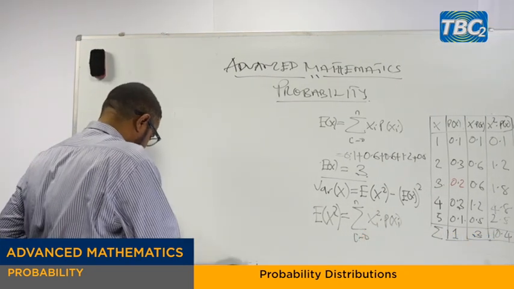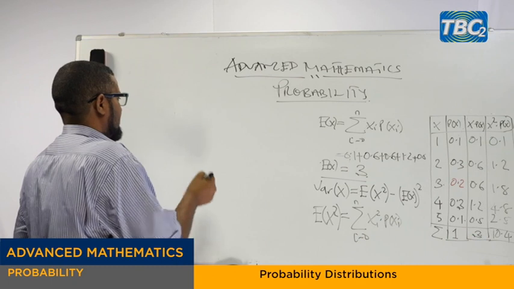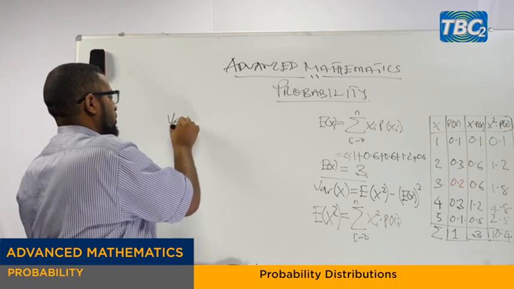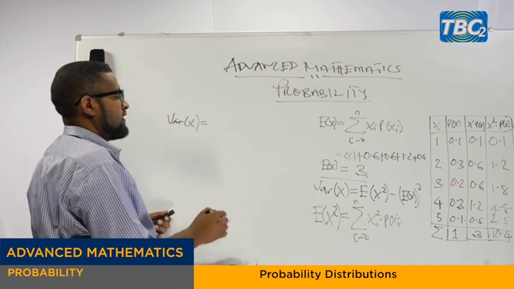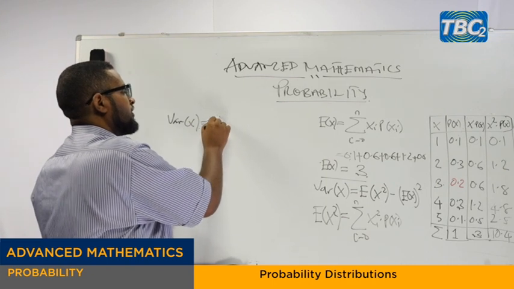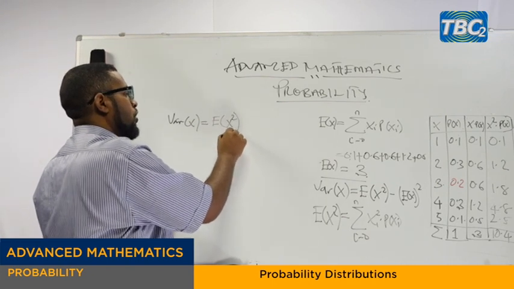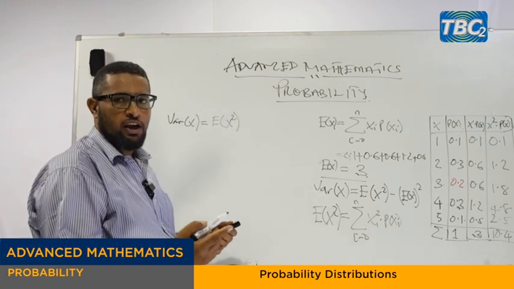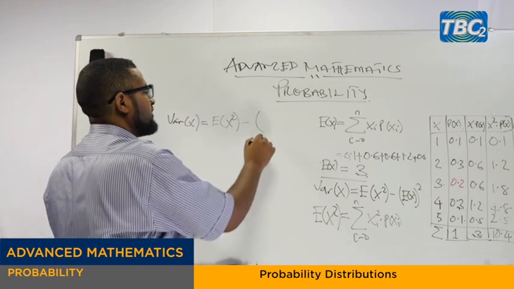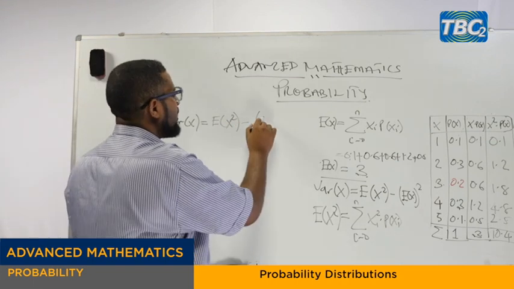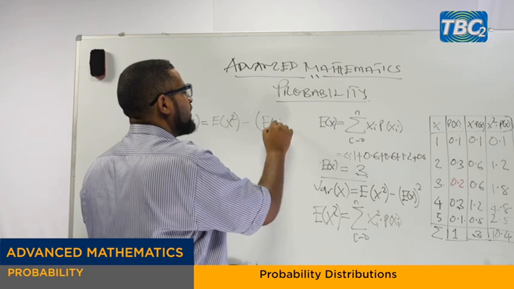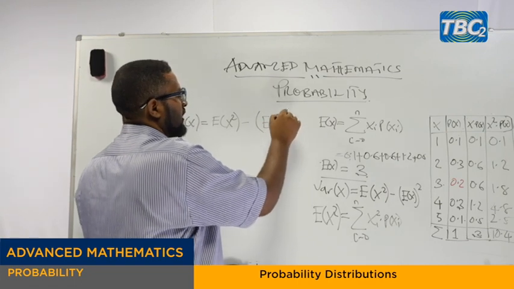Variance of variable x is given by the expectation of the variable x when it is squared minus the square of the expectation mean square.